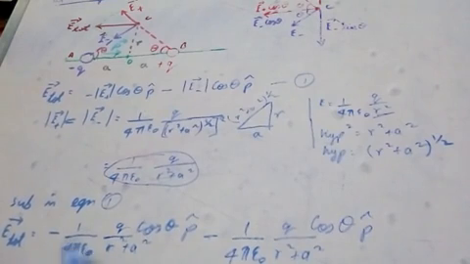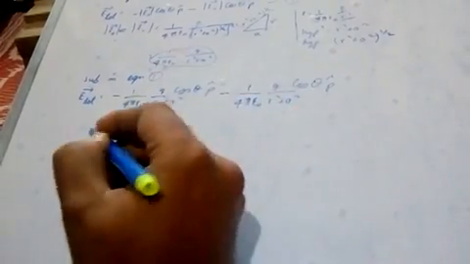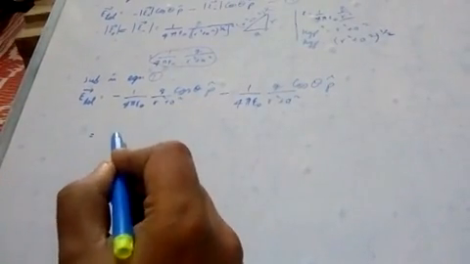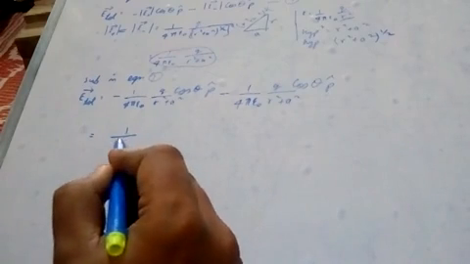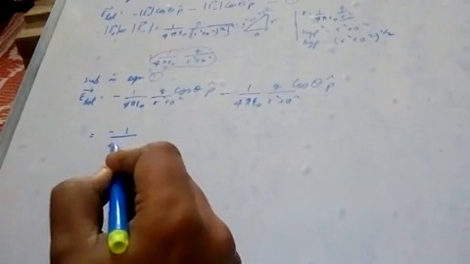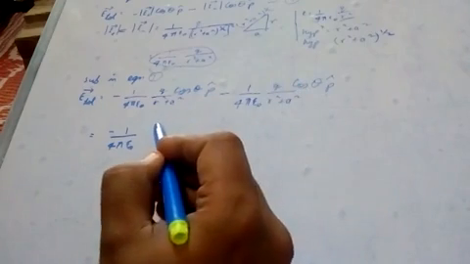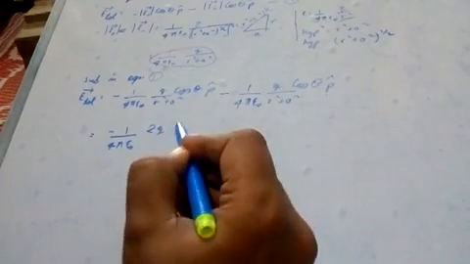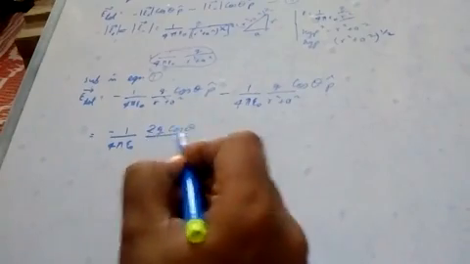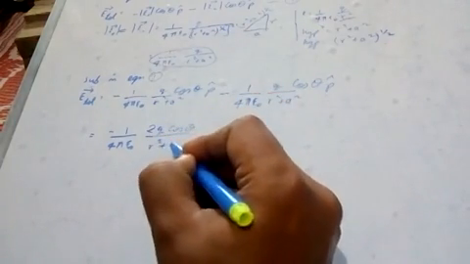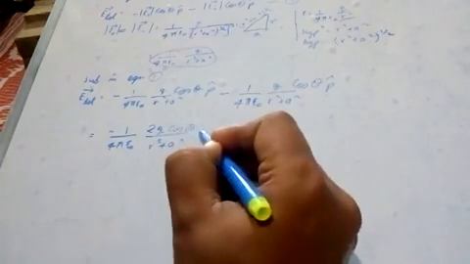This is minus here and this also minus, so it will be minus 2. Adding them, we have minus 1 by 4 pi epsilon naught, and then q and q, so write 2q cos theta by r square plus a squared into p cap.